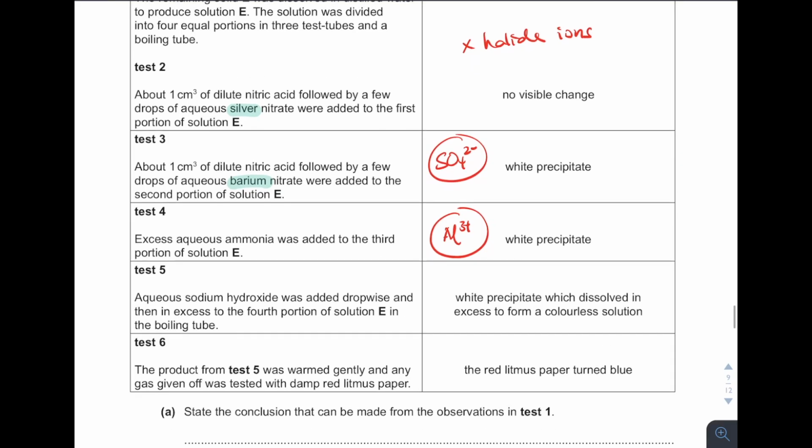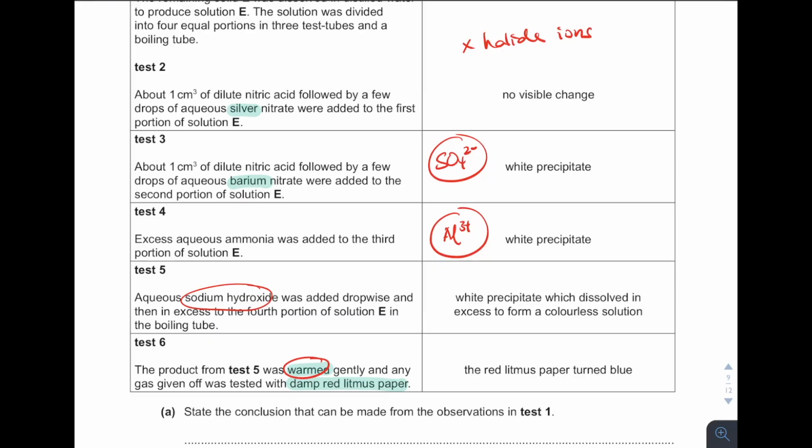And then the products from test 5 were warmed, and the gas given off was tested with damp red litmus paper and it turns blue. So we know that an alkaline gas is produced. The products from test 5 were added with sodium hydroxide and then warmed.